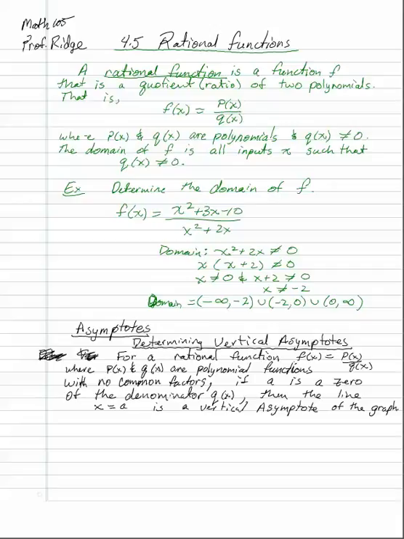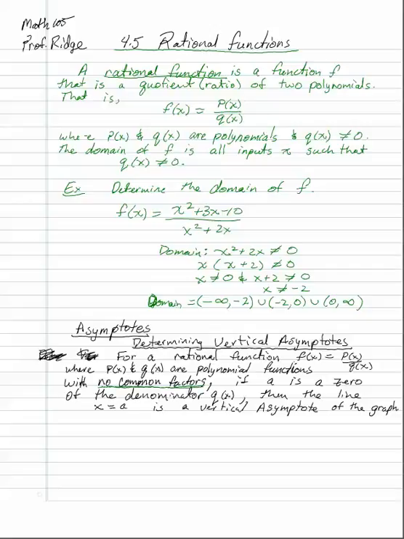So in this section we're going to be graphing rational functions, and the first step is typically to find the domain like we did up there, and then also look for the asymptotes. Determining the vertical asymptote for a rational function f of x equals p of x over q of x, where p and q are polynomial functions with no common factors, so it's reduced.